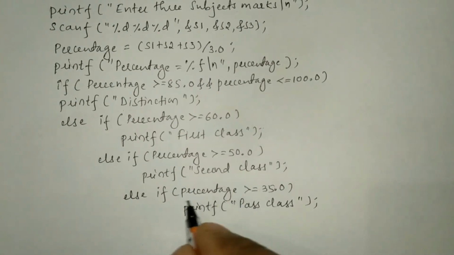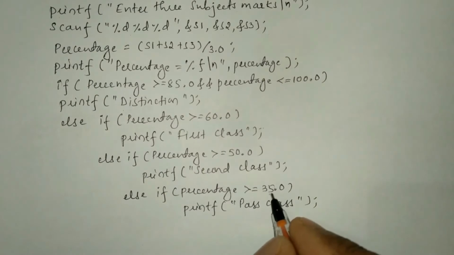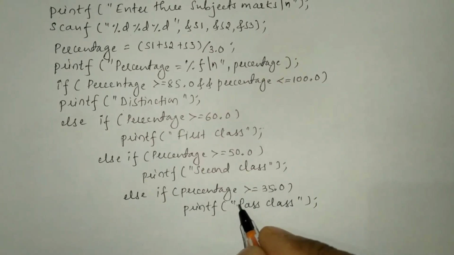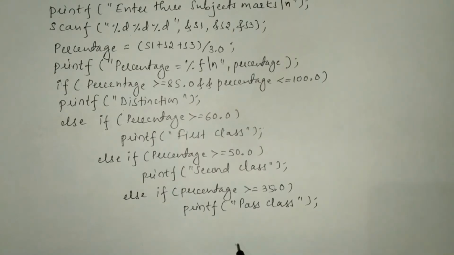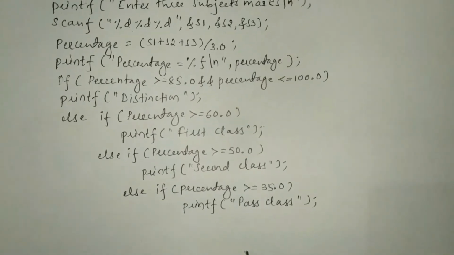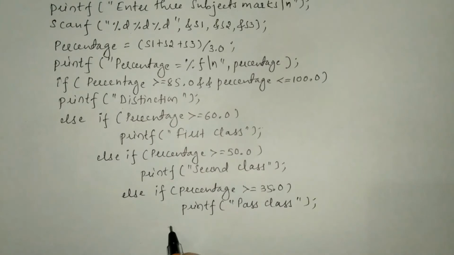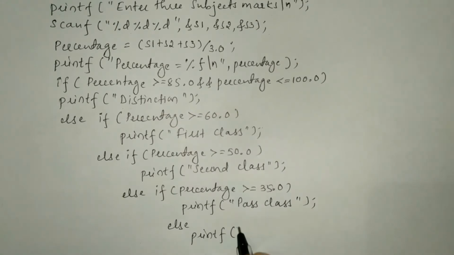If the percentage is not greater than or equal to 35, that is, if it is less than 35, then the result will be fail. So here I'm going to write the else part. Printf, and here in double quotation marks I'm going to write fail, end the double quotation mark and put semicolon.